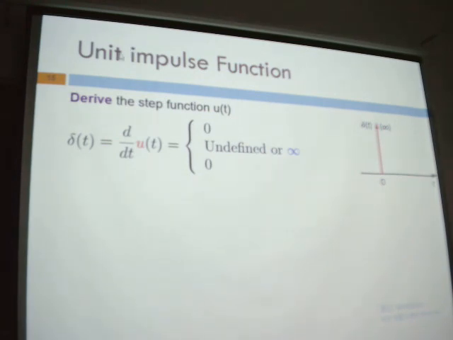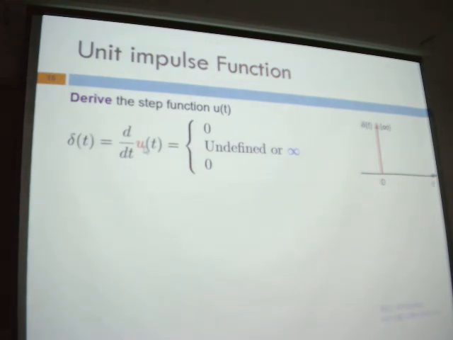The second one is the unit impulse function, and we say this one is the arrow pointed to the sky. Okay, it looks like this. And for this one, at t equals 0, our delta(t) is equal to infinity. Right.